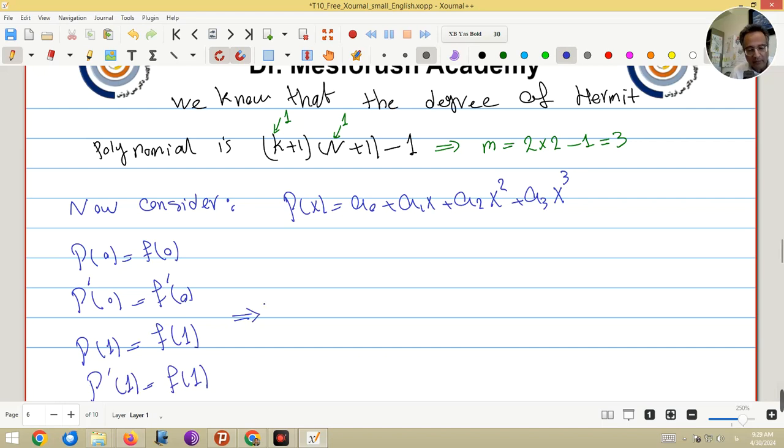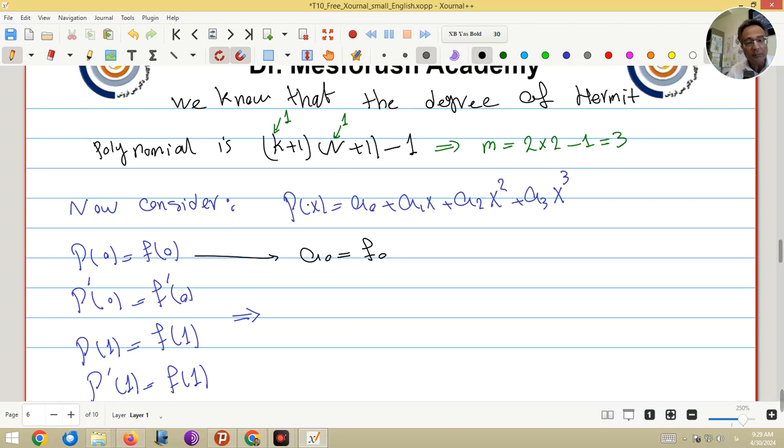Now put 0 instead of x, so we get a0 should be equal to f0. This gives a0 equal to f0.